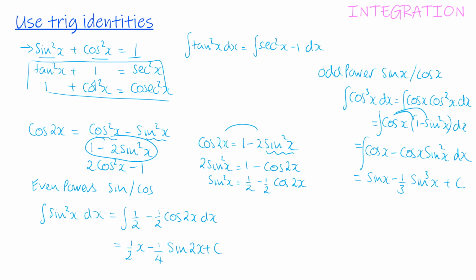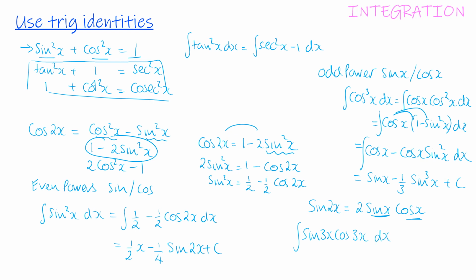And then you've also got to be really good at spotting the double angle theorem for sine x. So if we have sine 2x, that's equal to 2 sine x cos x. So if you see a sine times a cos, for example, if I was asked to integrate sine 3x cos 3x, I've got this situation where I've got those two being multiplied together.